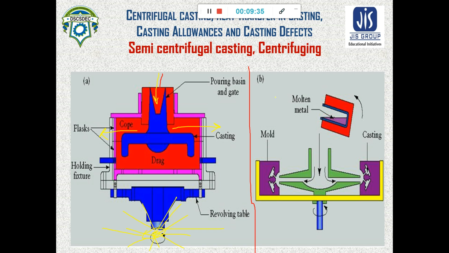Now in case of centrifuging, this molten metal is poured here, and this table is rotated. The casting shape we need, or the mold, is placed at the end of the table, and when it is rotated, due to centrifugal force the molten metal is forced to move towards this direction, and it will move inside the mold cavity.